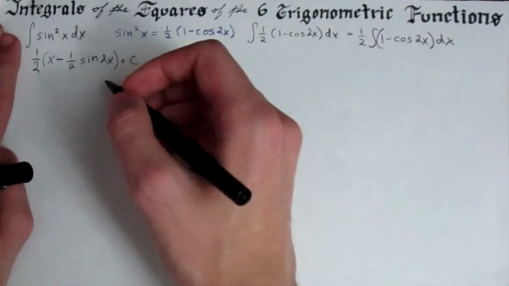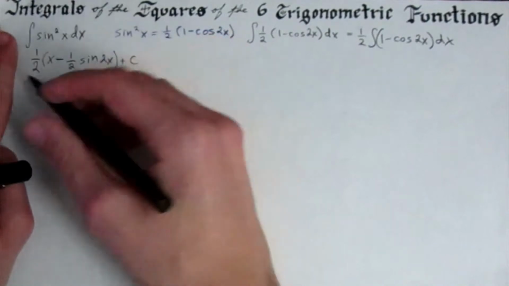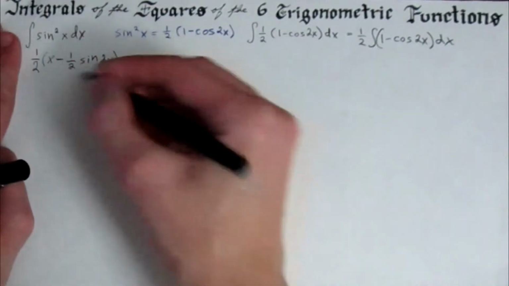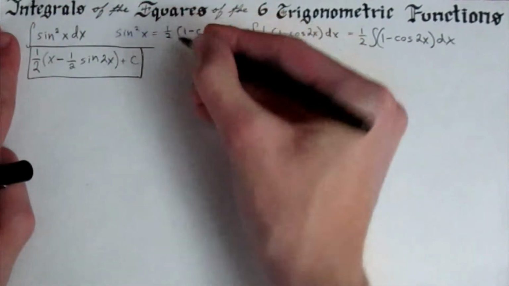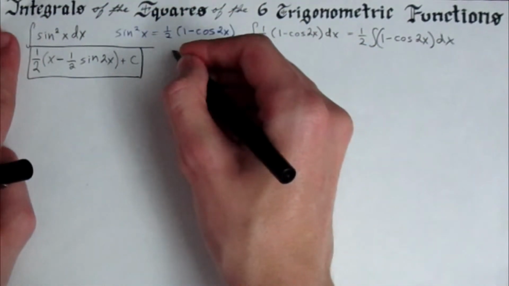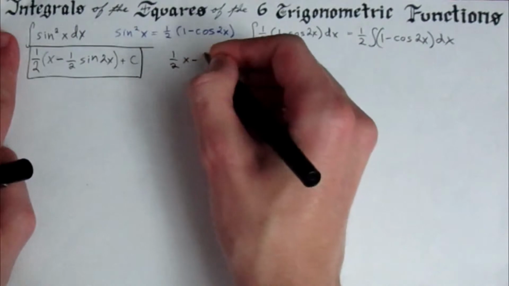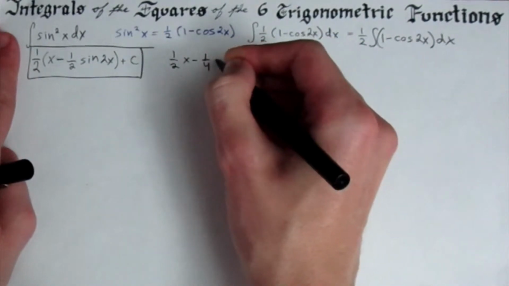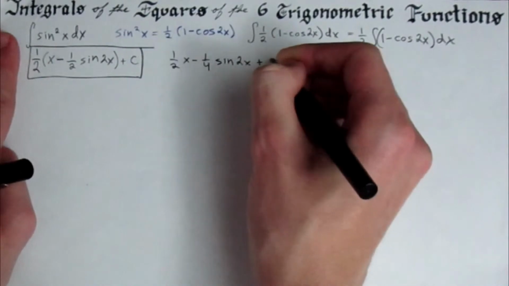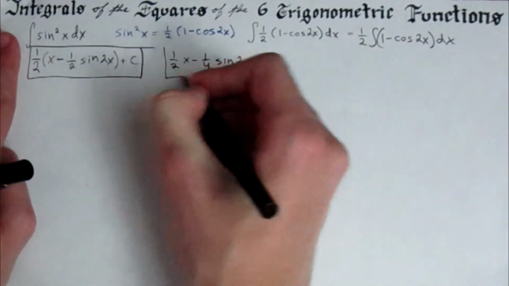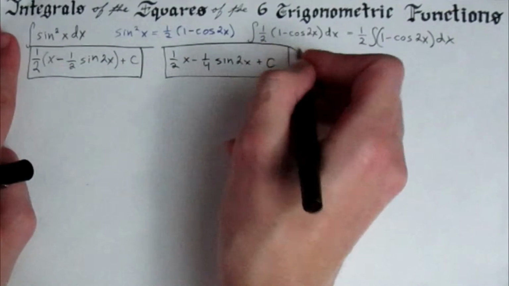And then what we're left with is the answer. You could also distribute if you want. So this is a valid answer. Or if you distribute, it could be 1/2 x minus 1/4 sine of 2x plus c. That's also another answer.